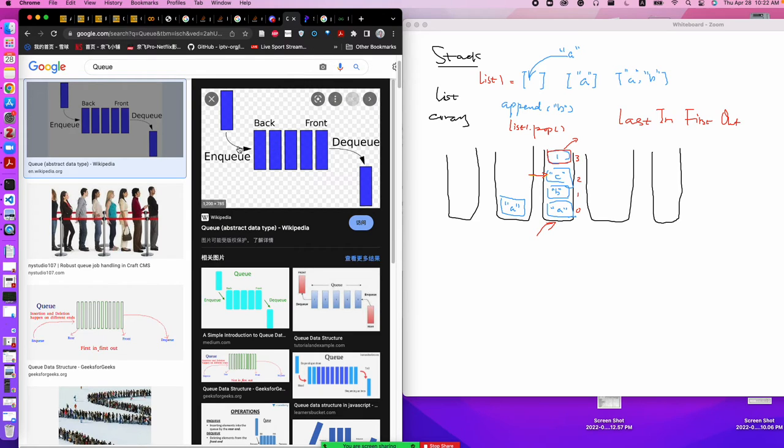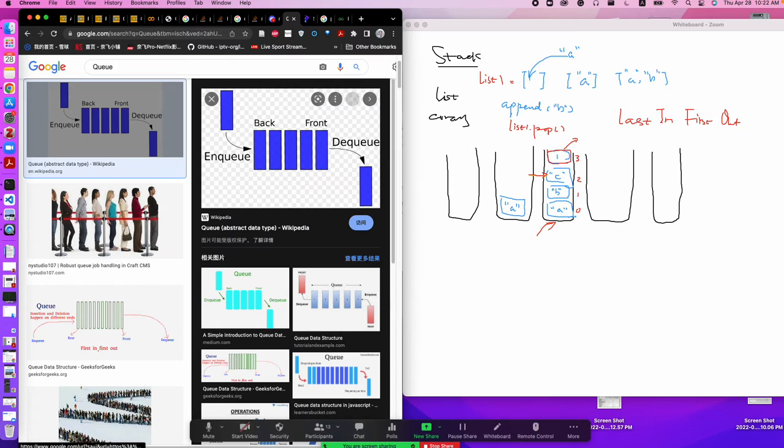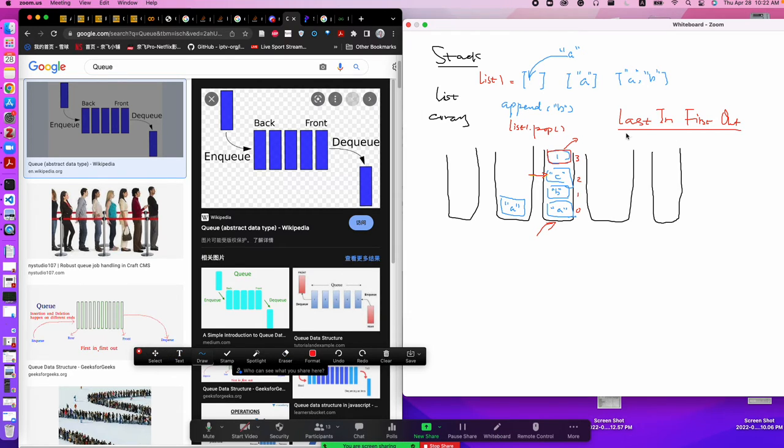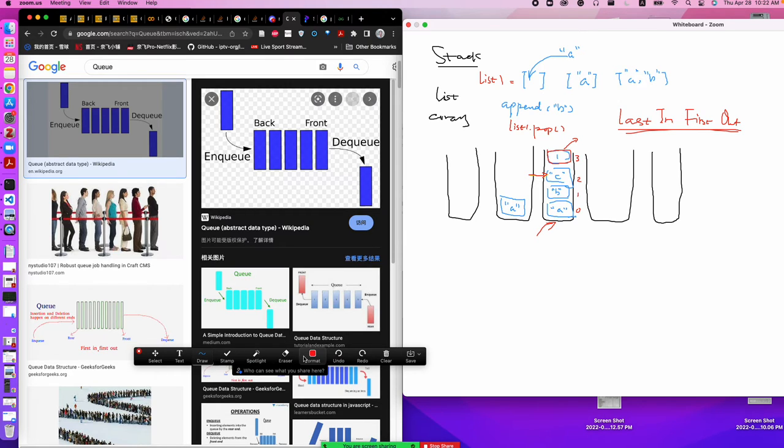For a queue, they have two types of operation. The first is enqueue, the other one is dequeue. So consider this. You might come up with the property of a queue. So what is the property of a queue? Can anybody guess?